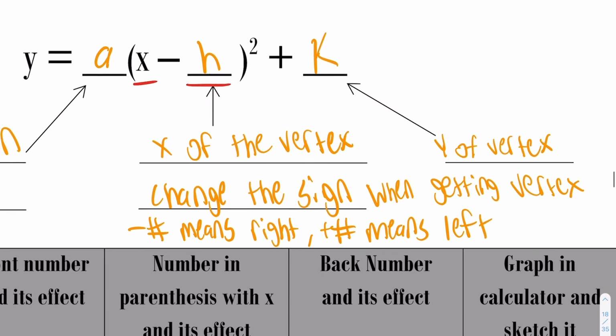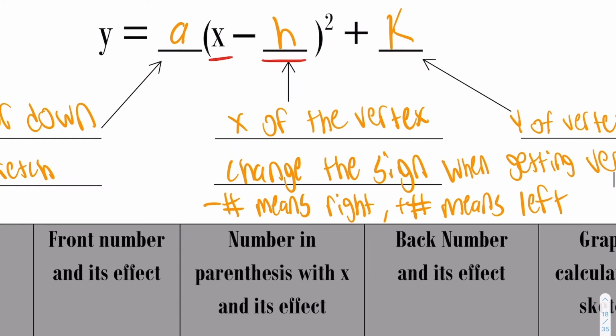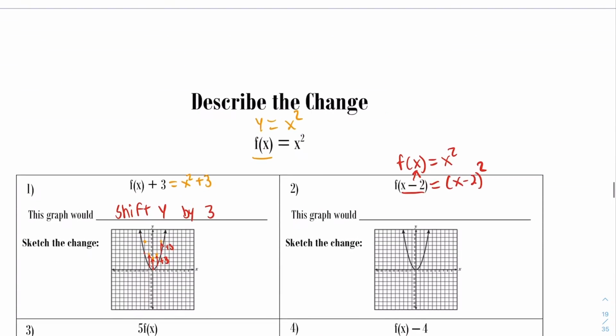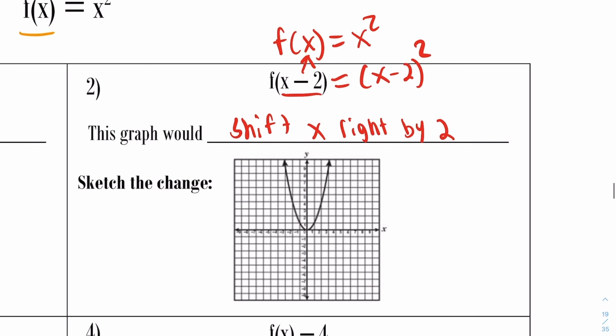And in vertex form, if that's a negative number inside, a negative number means we're going to shift it to the right. So this is a shift x right by 2. So we're just going to take each of these points and go 2 spaces to the right.